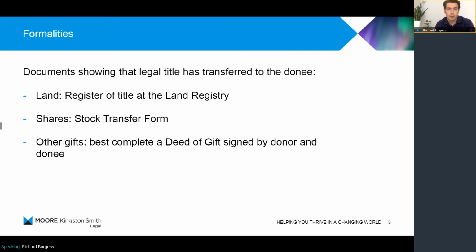For other gifts, there are really no formalities needed if you're going to give cash or a personal possession to a beneficiary. If you're going to give a painting or a musical instrument or something valuable that you don't need to receive in order for the legal title to those assets to transfer, then a deed of gift is absolutely recommended at that stage, to be signed by both the donor and the donee, so there is clear evidence at the time the transfer is made of exactly what the assets were and when they were transferred.